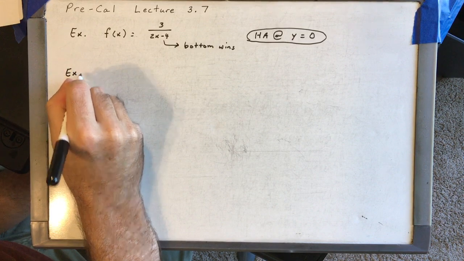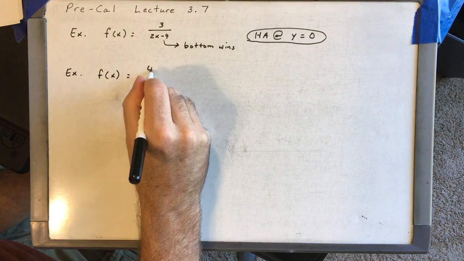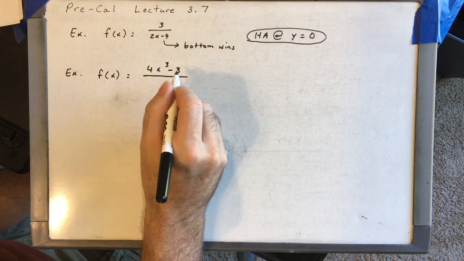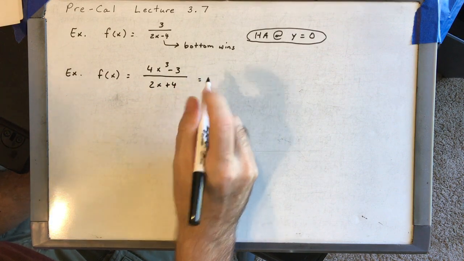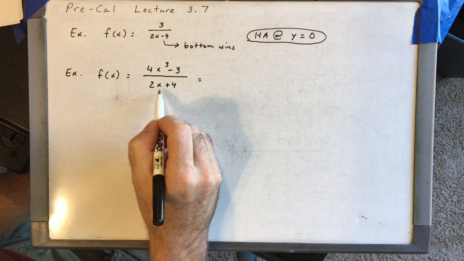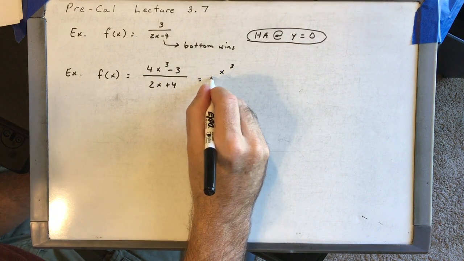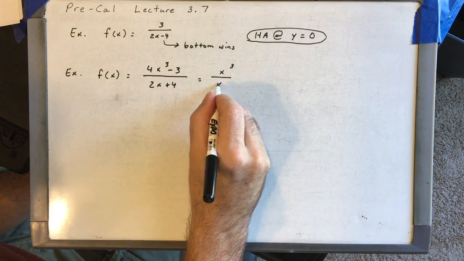All right, let's say we have f of x. The second example is 4x cubed minus 3 over 2x plus 4. We just want to look at the largest powers. In the numerator, the largest power of x is x cubed. In the denominator, the largest power of x is just x.